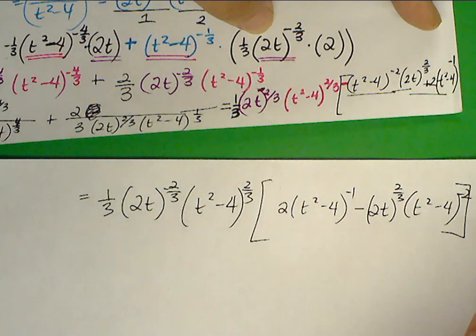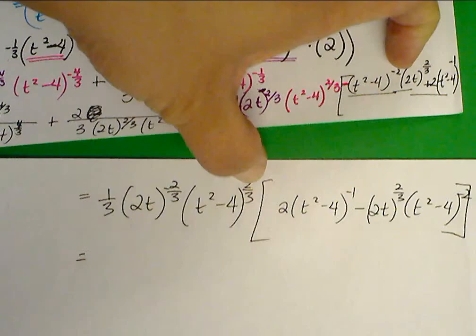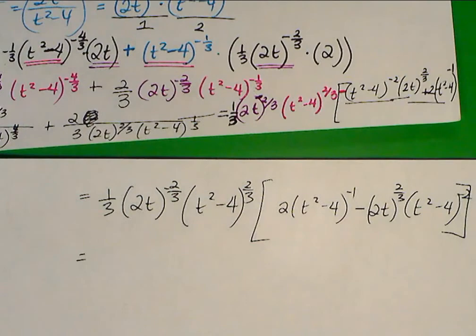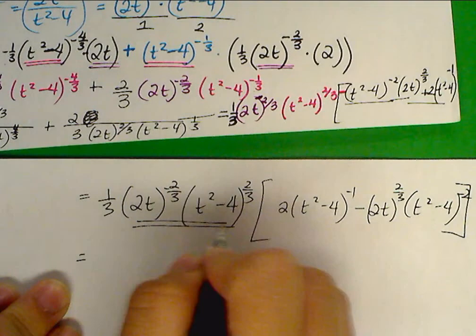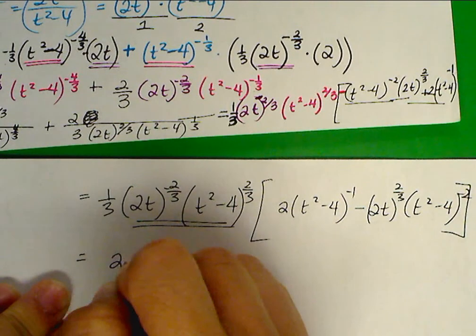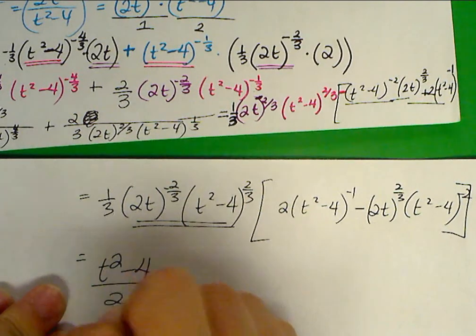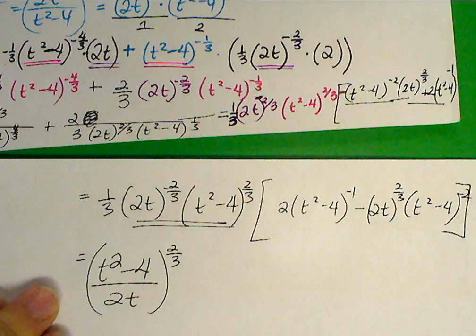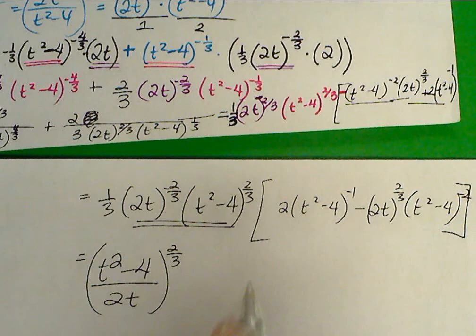So now let's try to write this whole thing out. Okay, so the point is here we have 2/3. So can we combine that and say this is t squared minus 4 over 2t to the 2/3? Yeah?